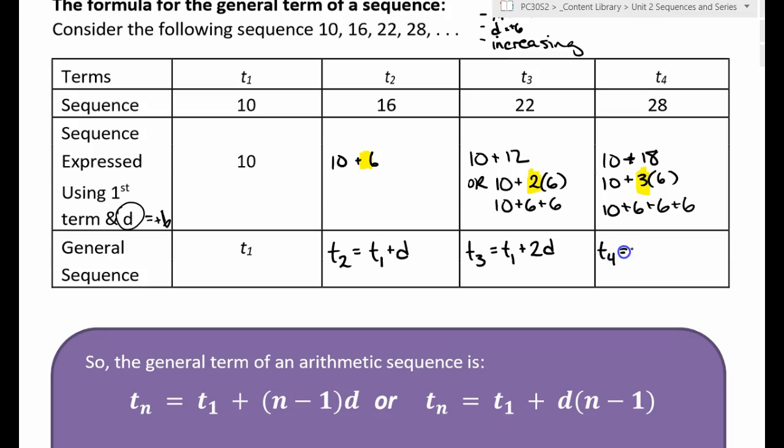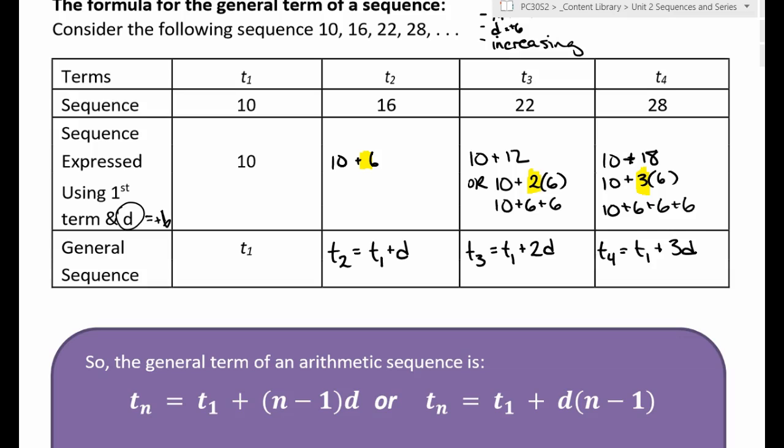Term 4 is going to be term 1 plus 3 d's. Are you noticing a pattern? How many d's? Is there an algorithm, a way I can always know how many common differences I need to add in order to get my next term?